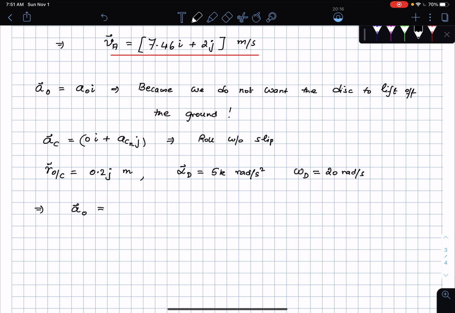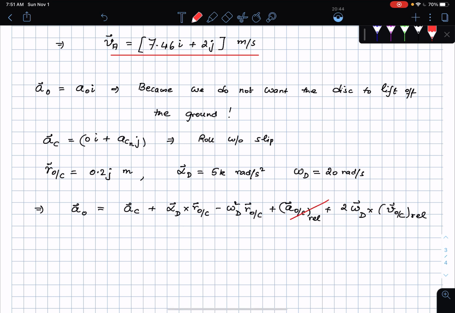Acceleration of O is going to be acceleration of C, plus alpha of the disk cross r from C to O, minus omega square of the disk times r from C to O, then this relative term, and then this other term, omega of the disk crossed with V OC relative. In this I can cancel off these relative terms because we are sitting on the same body.